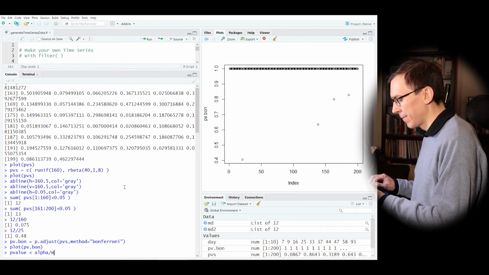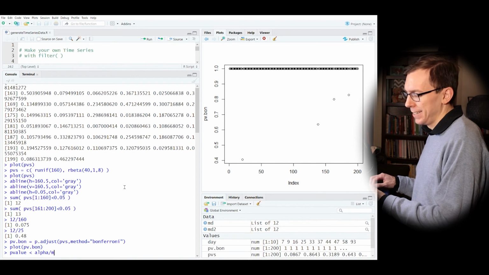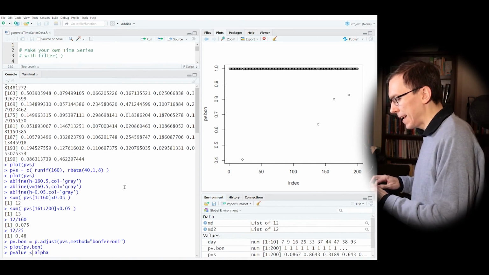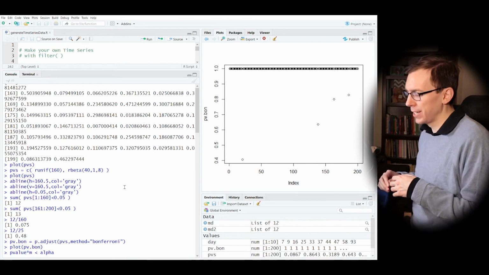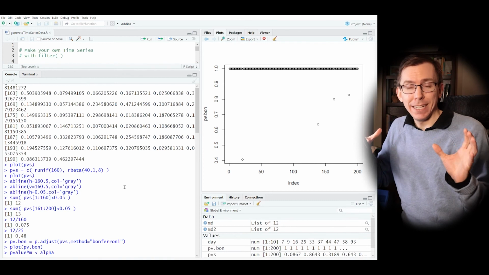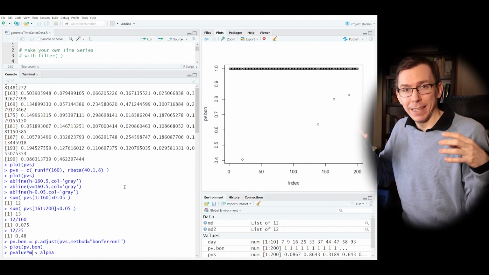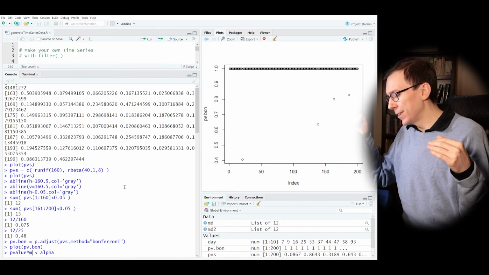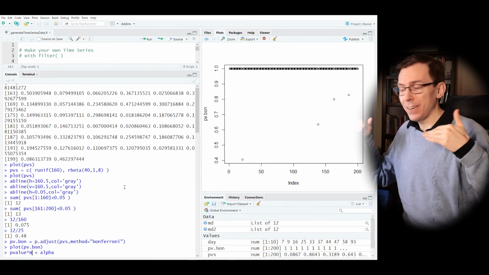In this case, it would be like dividing by 200 tests. But equivalently, I can move that m to the other side of the equation. So an equivalent way to do Bonferroni would be to take all my p-values, multiply by the number of tests, and then reject if any of those fall below the value alpha.